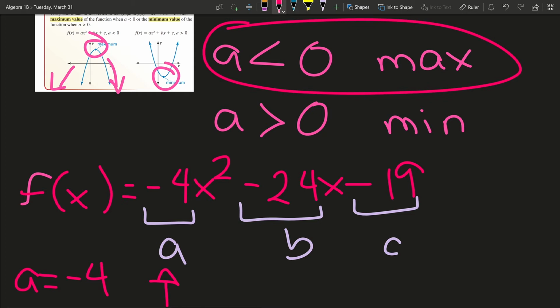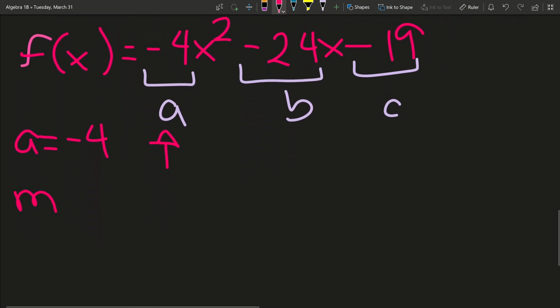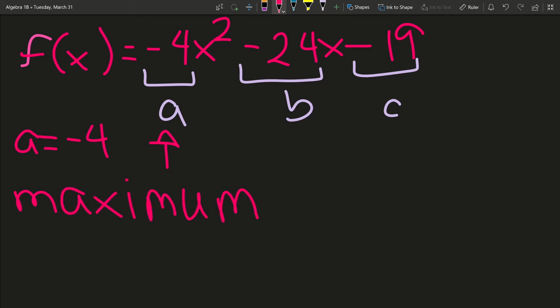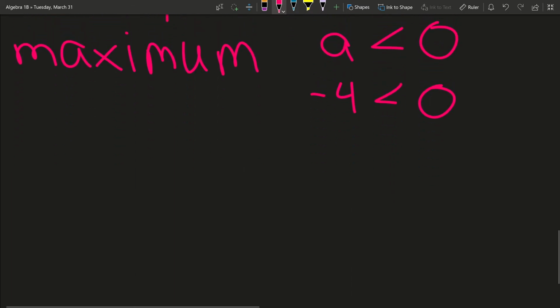That means we're going to have a maximum, because a is less than 0. So our graph is going to look something like this.